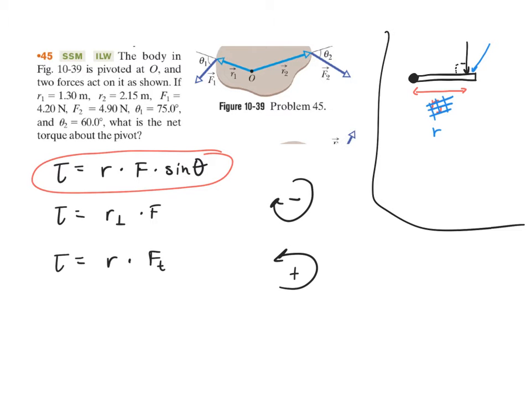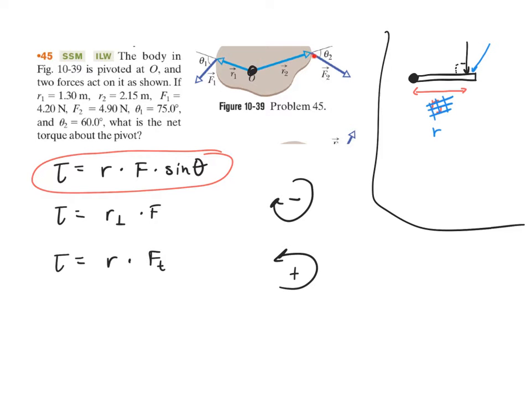So again, clockwise is negative, and counterclockwise is positive. For a problem like this, I always look at my pivot point first, and I see my pivot point here in the diagram. If I apply a force like this to this amorphous looking shape, it looks like a rock, it can only turn in this direction.